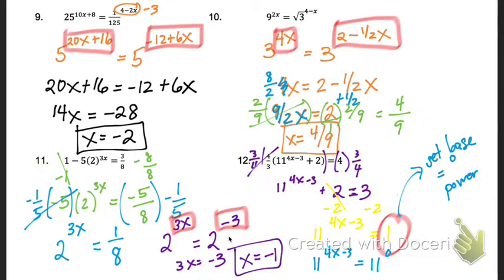So it doesn't matter what my base is on the left or on the right. If I have a 1 on one of the sides, you make it that number and raise it to the 0 power. So then I set 4x minus 3 equal to 0. So x equals 3/4.